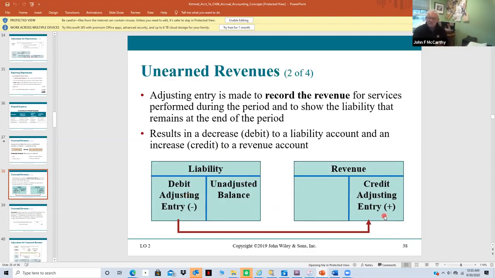Like if I received a deposit to paint a house, initially debit cash, credit unearned service revenue for $1,000. When I paint the house, I don't have any liability anymore because I've done it. So I debit the liability $1,000 and credit revenue, because I performed the service, completed the performance obligation.